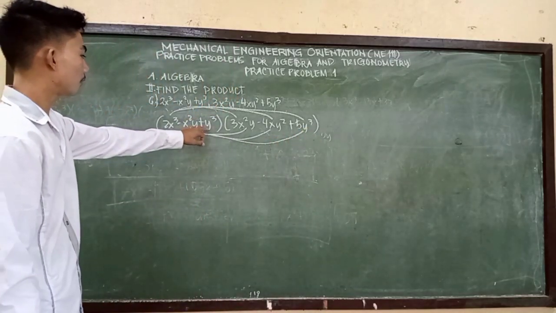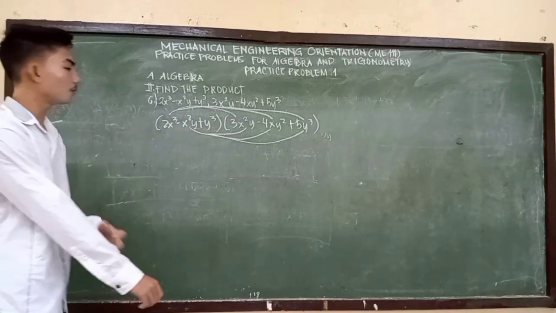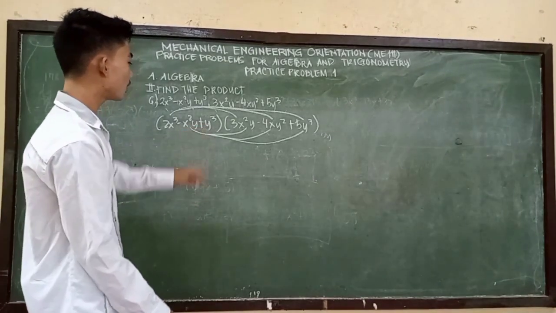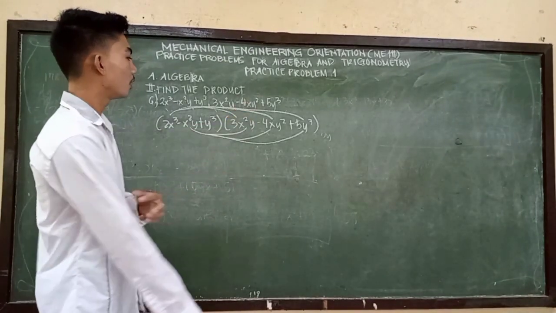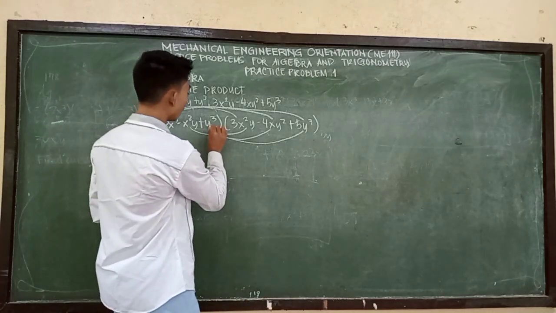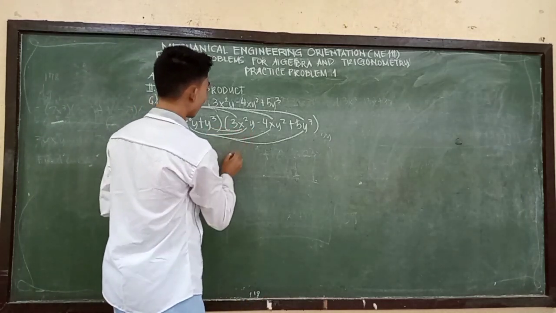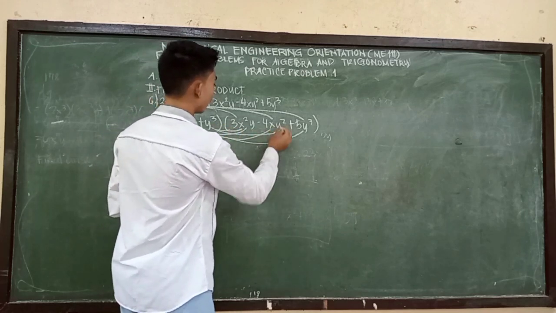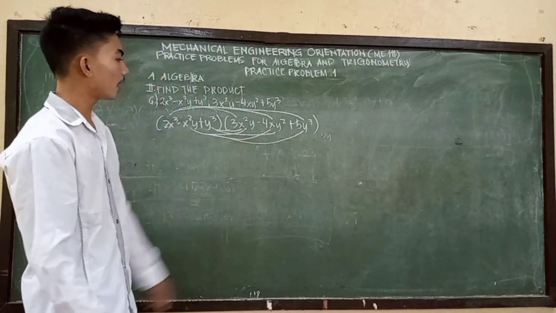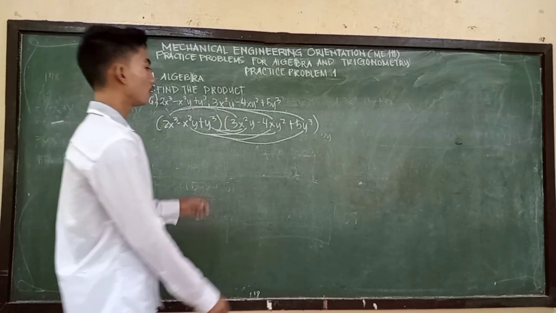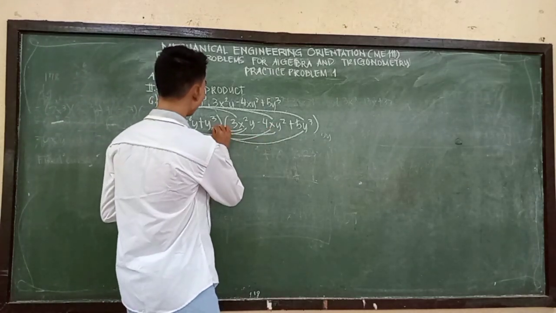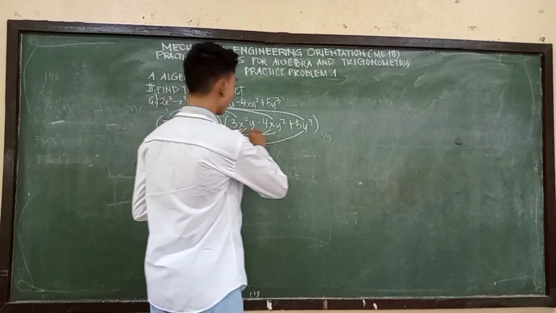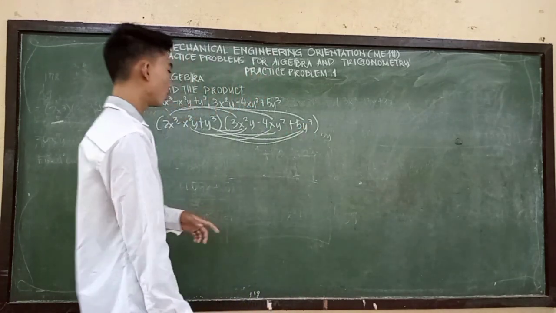And then this y cubed, we will also distribute with each term in this equation. So y cubed times 3x squared y, y cubed times negative 4xy squared, y cubed times 5y cubed.